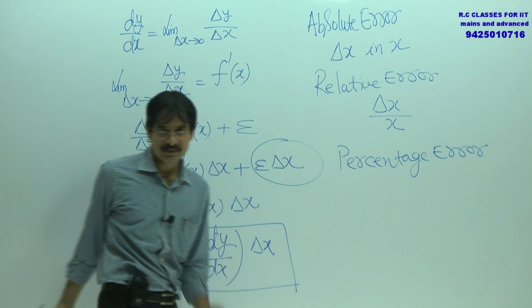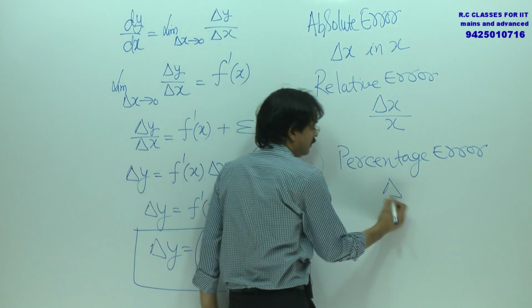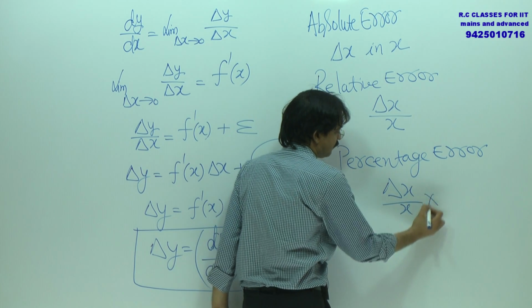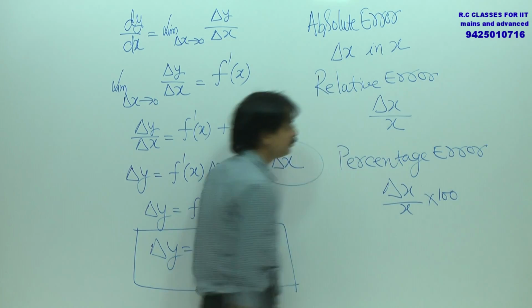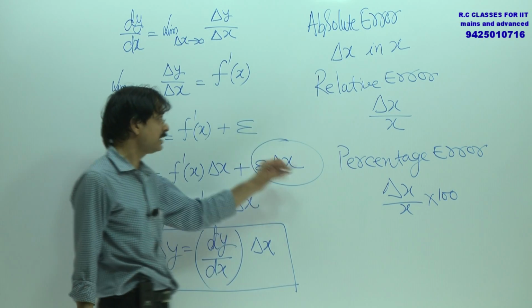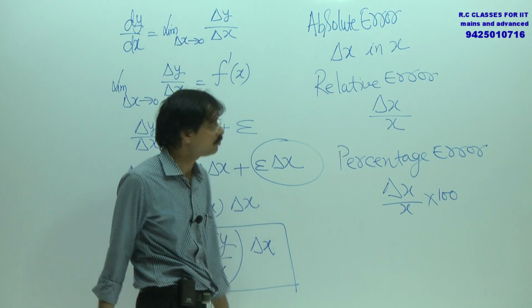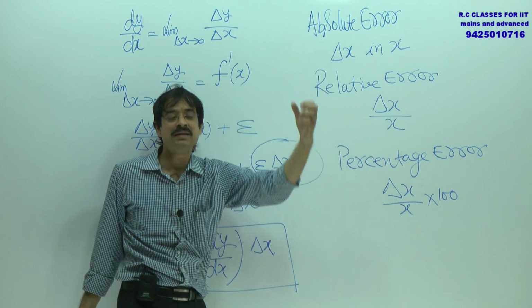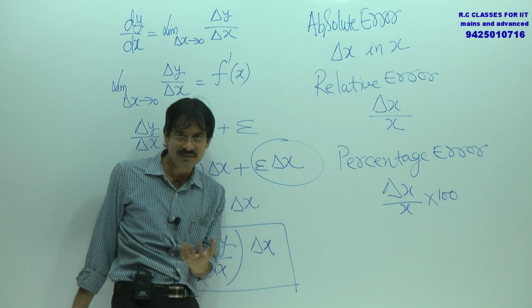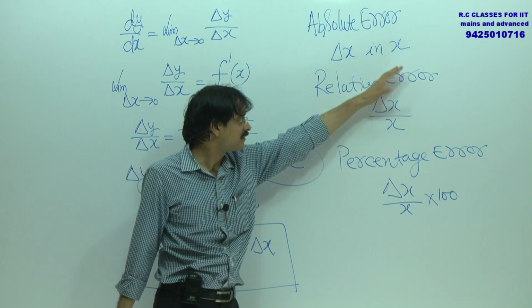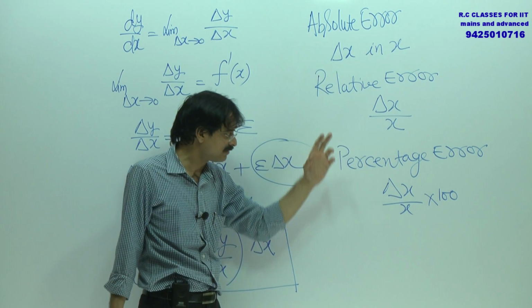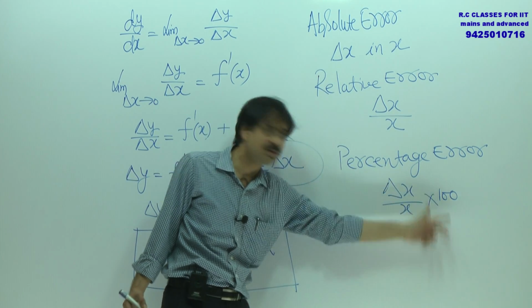That percentage error is nothing but delta x upon x into 100. So these three terms you will be getting in the questions. You will have to take care about that. Whenever we say error, absolute error is delta x in x, relative error is delta x upon x, and percentage error is delta x upon x into 100.